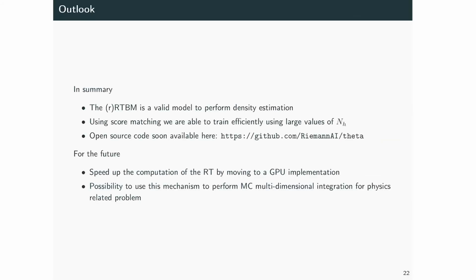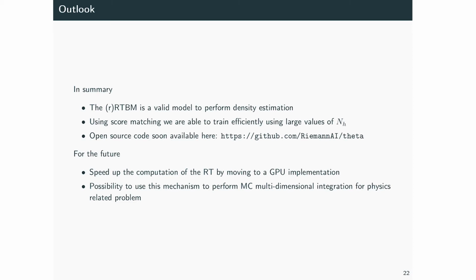So to summarize, I've told you about this new version of the Riemann-Theta Boltzmann machine, which we call the restricted Riemann-Theta Boltzmann machine, and I hope that I've shown you that this is a valid model to perform density estimation.